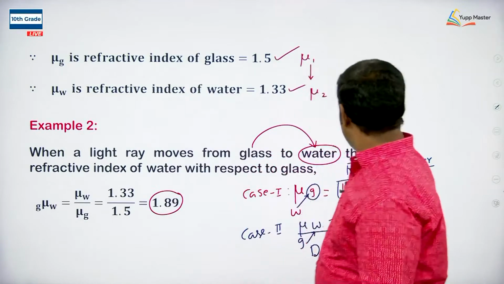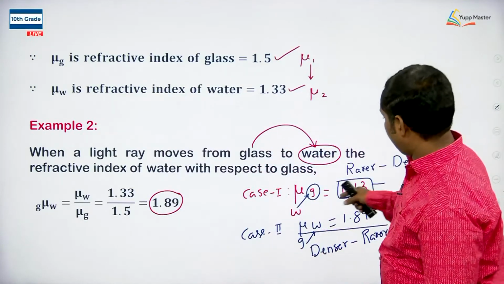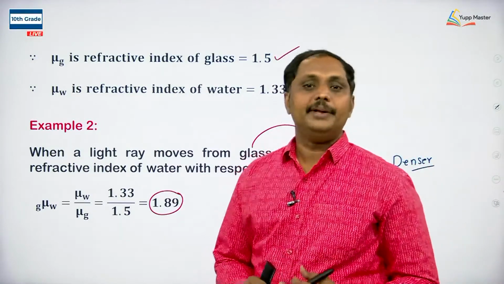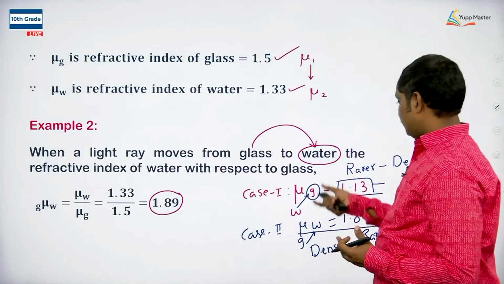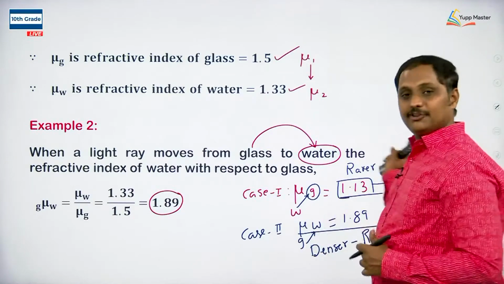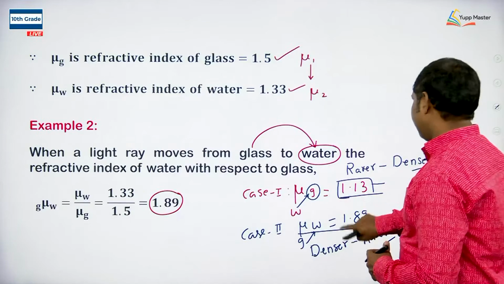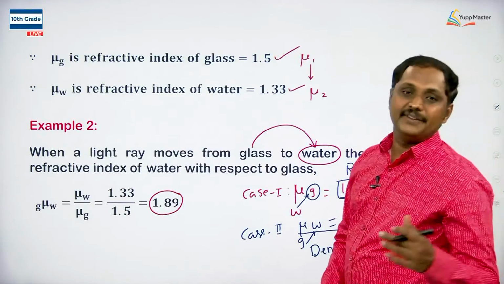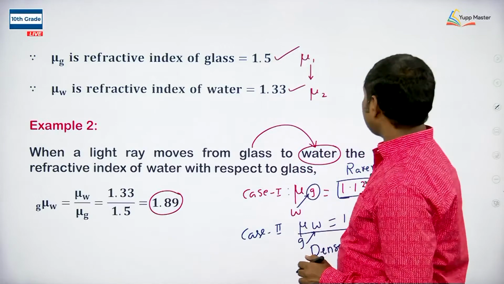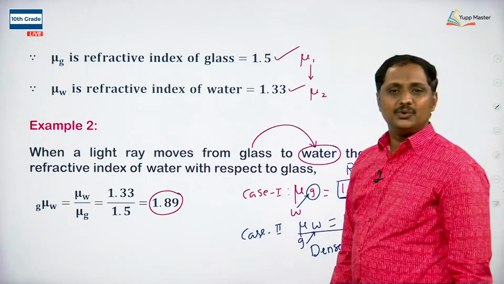It is going to be increasing. You have to find that out. Some questions are going to be framed in these two cases also, based on rarer to denser and denser to rarer. That is very clear. You can easily find out that. Right. Let us go for another question.